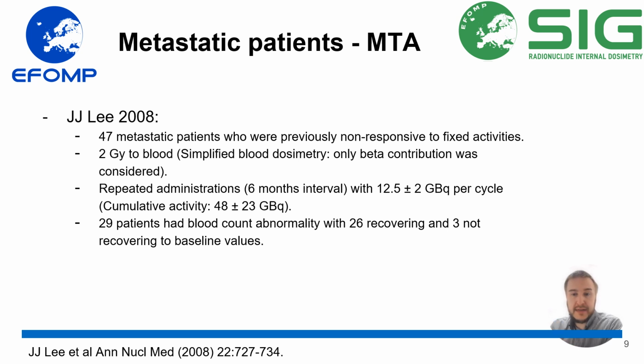So it gives an indication that the MTA approach here might have really changed the patient management. Obviously, some of those patients had normal organ toxicities, so 26 out of the 47 had blood count abnormalities that recovered after therapy, and 3 had blood abnormalities that didn't recover back to the baseline values.